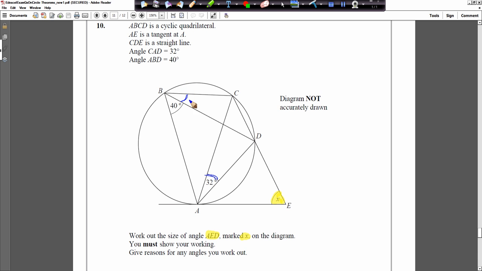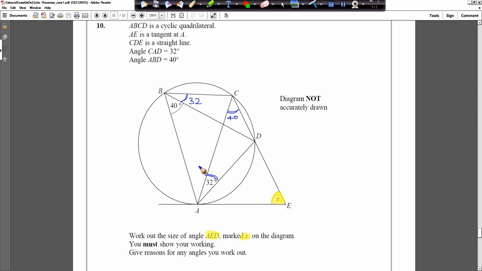If this is 32, this is also 32. If this is 40 over here, is there another 40? D. That one here. Yeah, that one. So that one's also 40. Lovely. Good.